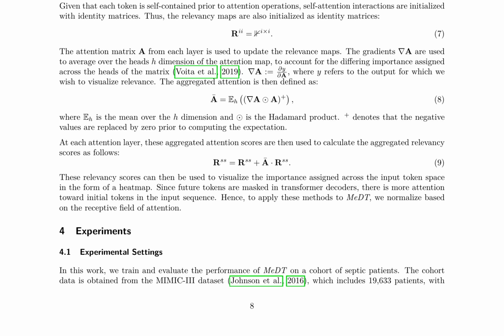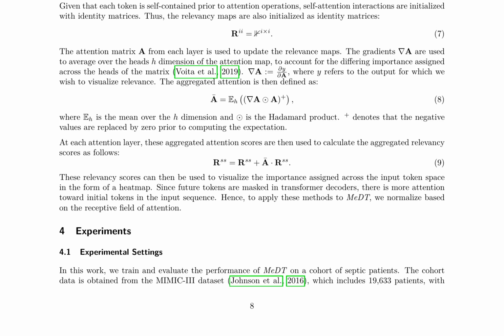The computation of relevance scores and the adaptation of the transformer interpretability method to MeDT are mathematically formulated in equations 7 to 9. Equation 7 initializes relevance maps as identity matrices, while equation 8 defines aggregated attention scores using the attention matrix and gradients.